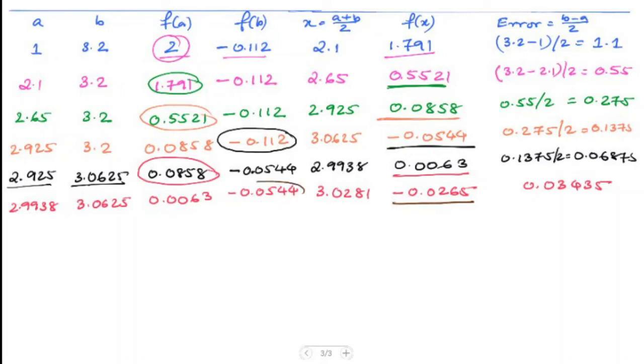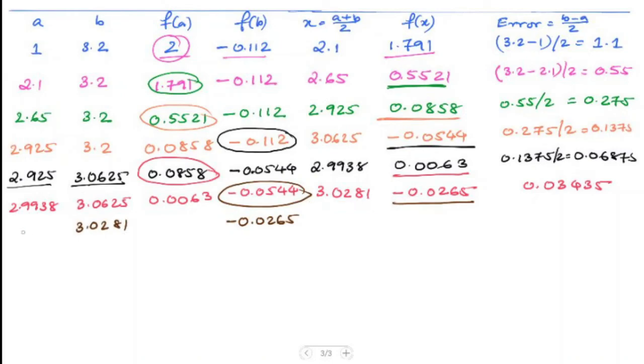So f of b is the one that's negative, so we'll replace that, and the number would now be minus 0.0265, and because we're replacing f of b with f of x, so we'll replace b with x value, so that would be 3.0281. That's this value here, right?